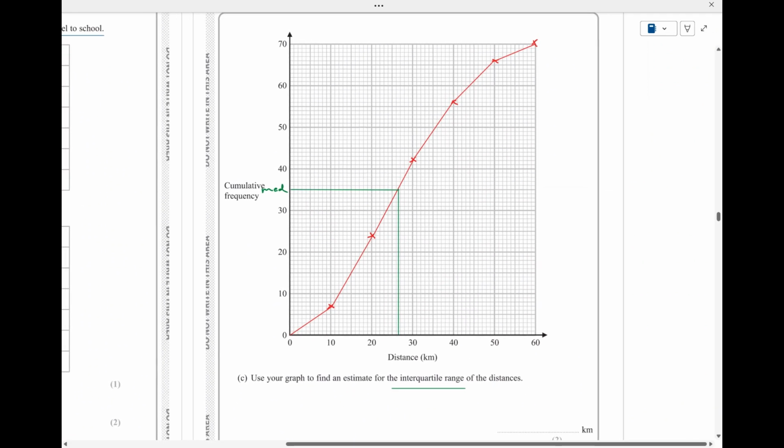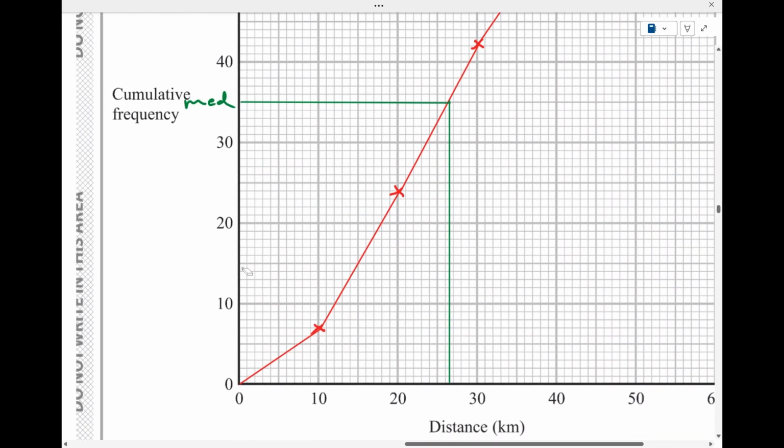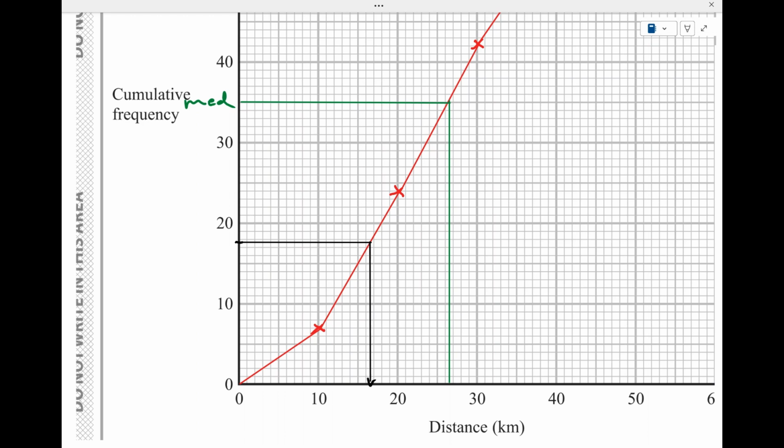Now, the lower quartile is going to be halfway to this 35. So that's going to be 17.5. So I'm going to find 17.5, which is here. I'm going to draw a straight line with my ruler across here, hit the cumulative frequency curve, and then draw a straight line down, and read off that distance.